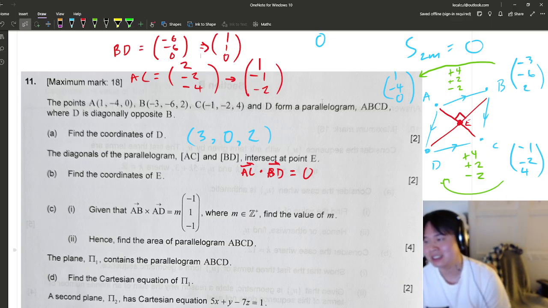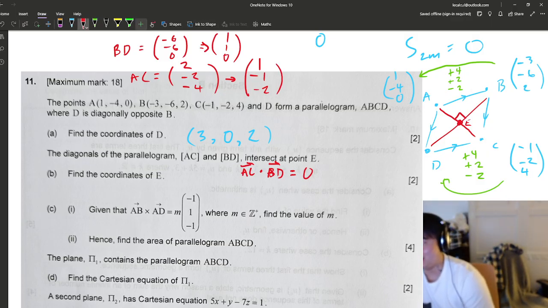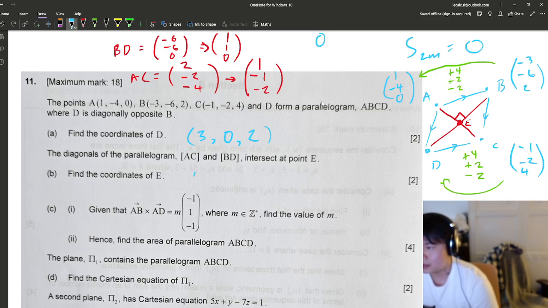It's 2 marks, but I spent too much time rambling about this, which doesn't even matter because obviously, like, this won't help you find E. Okay. I guess we'll do it the long way.